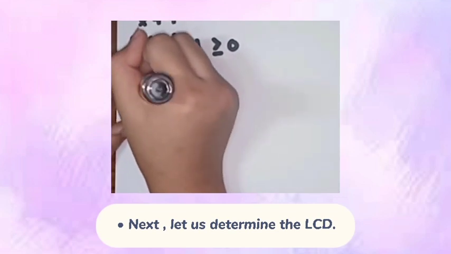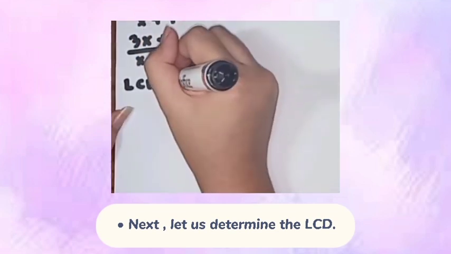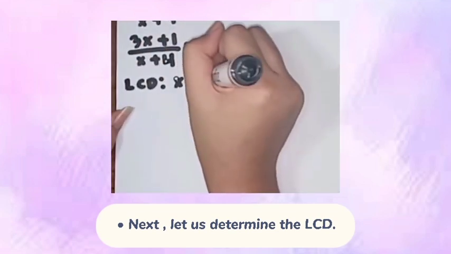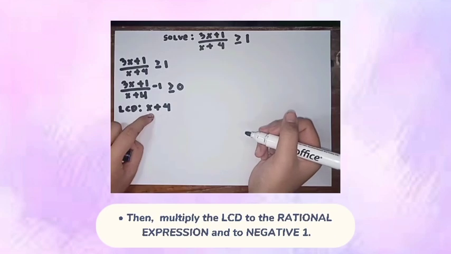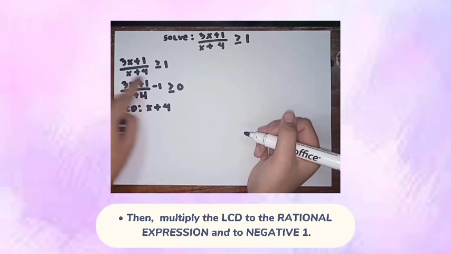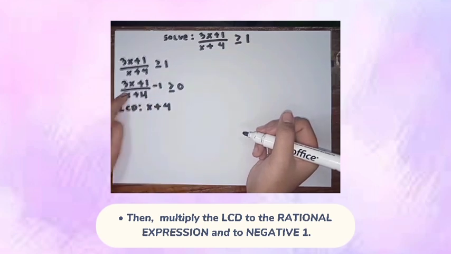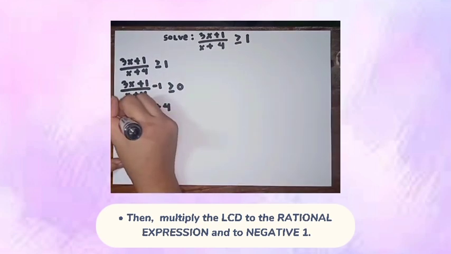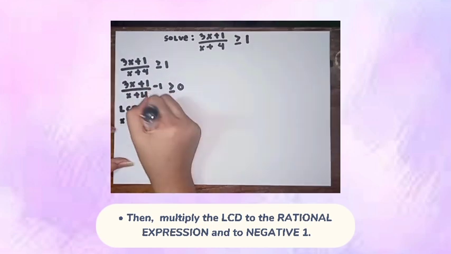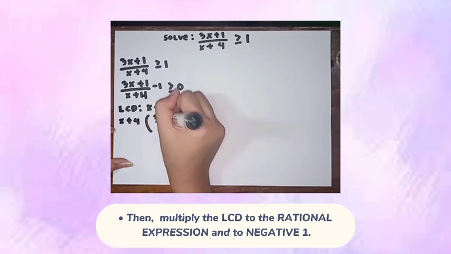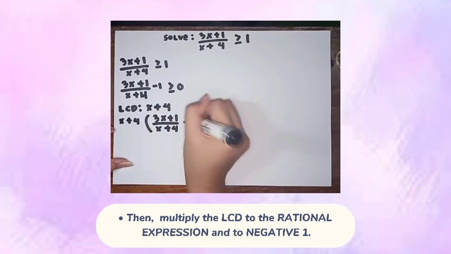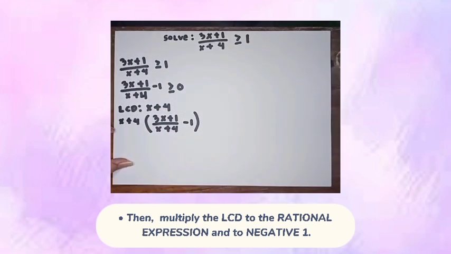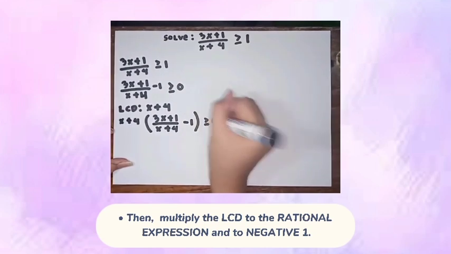Next, let us determine the LCD, which is obviously x plus 4. Then, we will multiply the LCD to the rational expression and to the negative. Thus, we have x plus 4 times 3x plus 1 over x plus 4 minus 1 greater than or equal to 0.